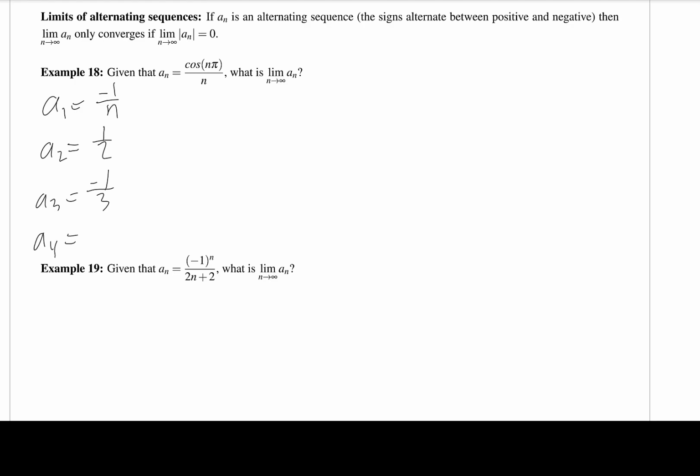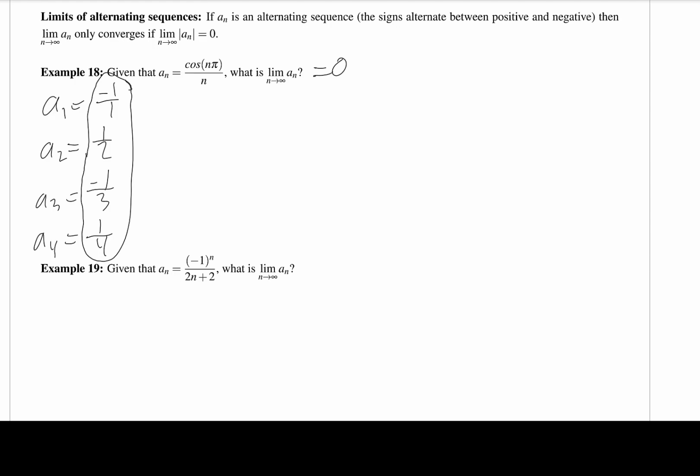A sub 4 would be 1 over 4. So what we can say here is that the absolute value of these numbers over here is tending to 0. And so that's another way for us to say that the limit of this sequence is equal to 0.